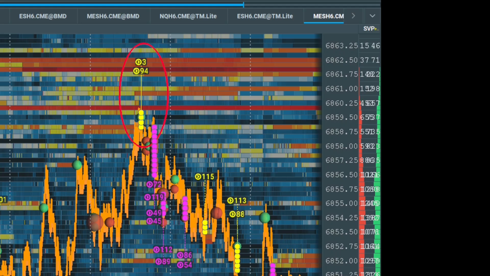We also see many limit sell orders sitting above, creating resistance. And it all happened at 68.60, which was an important level in previous trading days. So with all that information, we could go short, but it happened very fast. You had only around 10 seconds to get the best price.